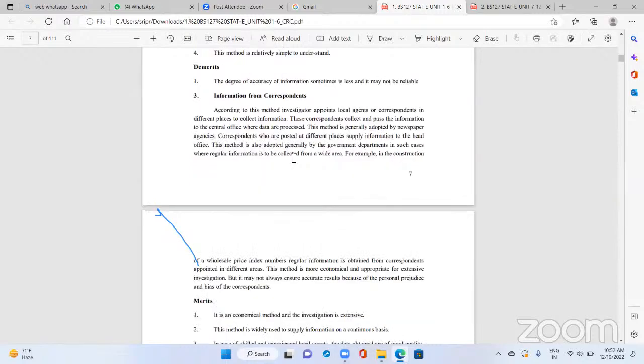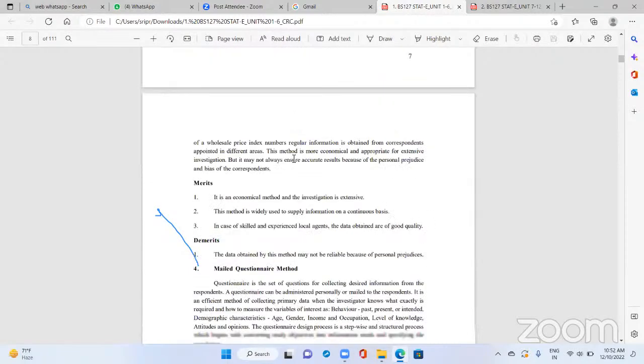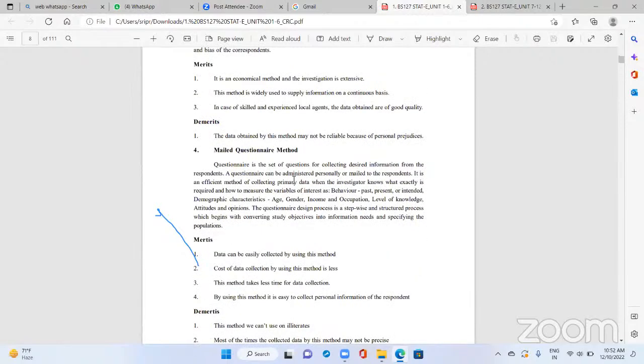In this, we have 3 merits and 1 demerit. It is an economical method, and the investigation is extensive. This method is widely used to supply information on a continuous basis.